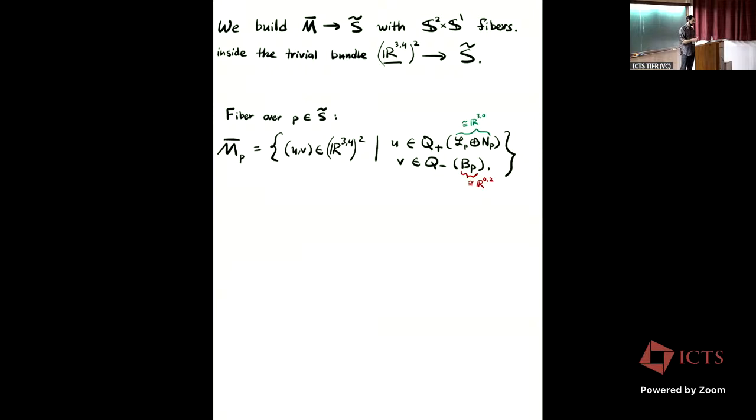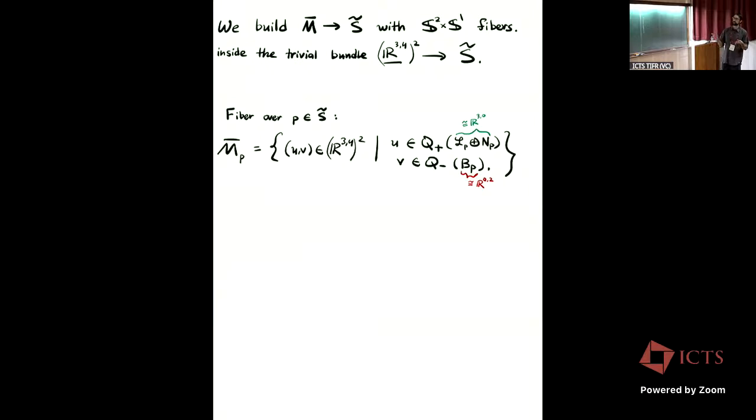Okay, so here's the manifold M bar. Here are the fibers. You fix a point P in the universal cover, and you use the Frenet frame to cook up this bundle. The fiber of a point in this bundle consists of all pairs u and v in our R^{3,4} spacetime, such that u is a unit space-like vector in the space-like part of the Frenet frame. Here the notation q plus and q minus denotes unit space-like vectors and unit time-like vectors.